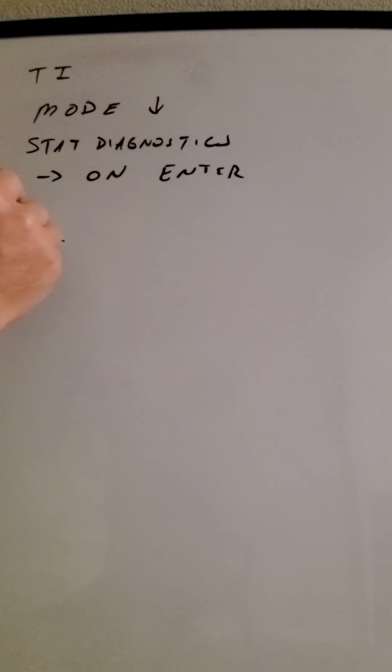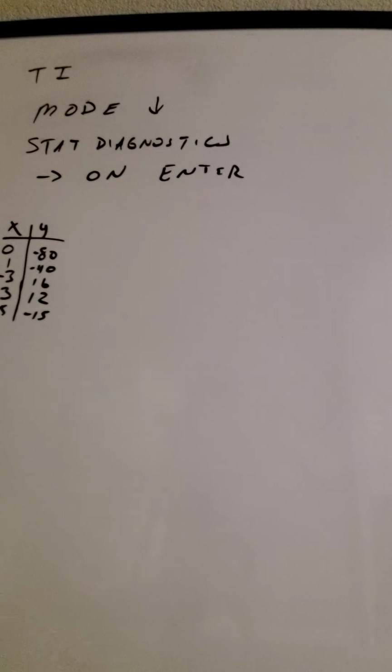So let's say you have an X and a Y, and the X is 0, 1, -3, 3, -5, and I don't know, -80, -40, 16, 12, and -15. I don't really care how this turns out.